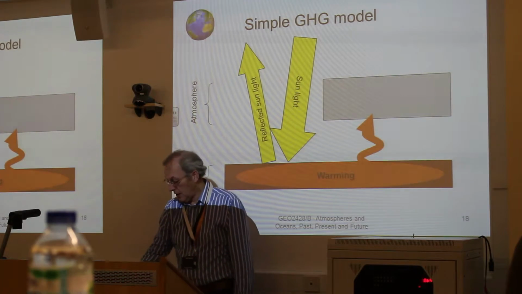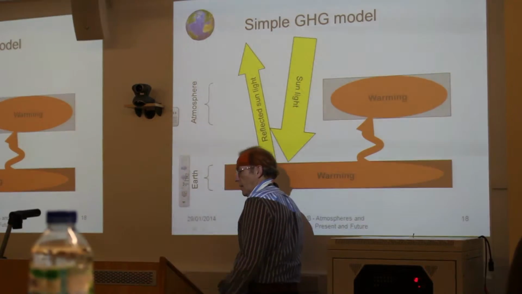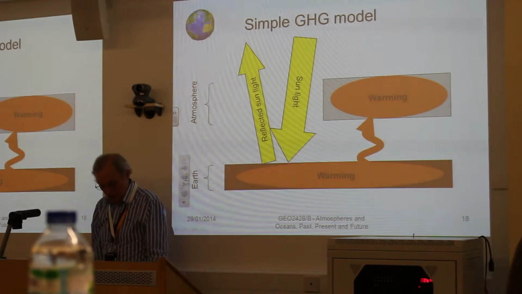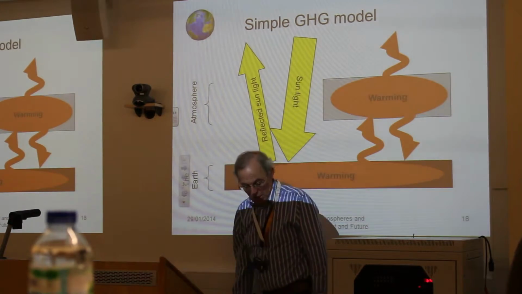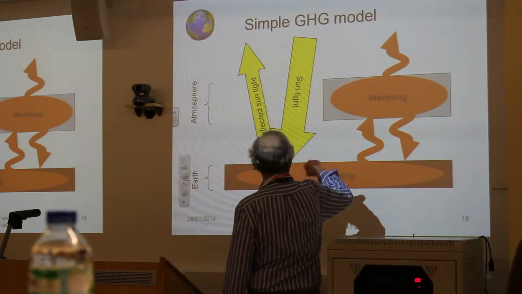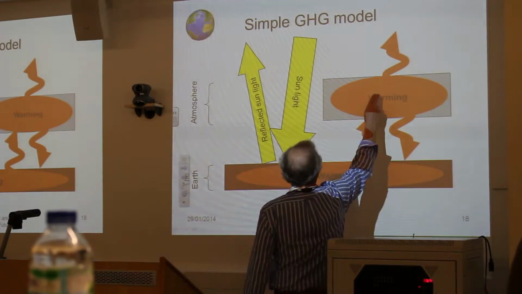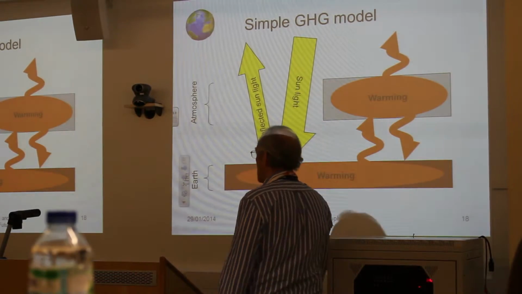This atmosphere has certain characteristics which lead to it warming by greenhouse gases, particularly CO2, that intercepts the outgoing long-wave radiation. Some of it is retained in here, some of it still loses from the system as radiation.